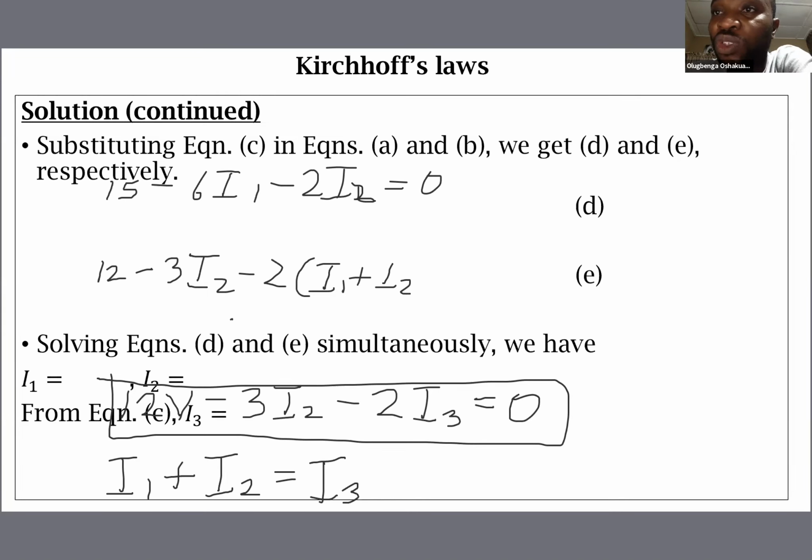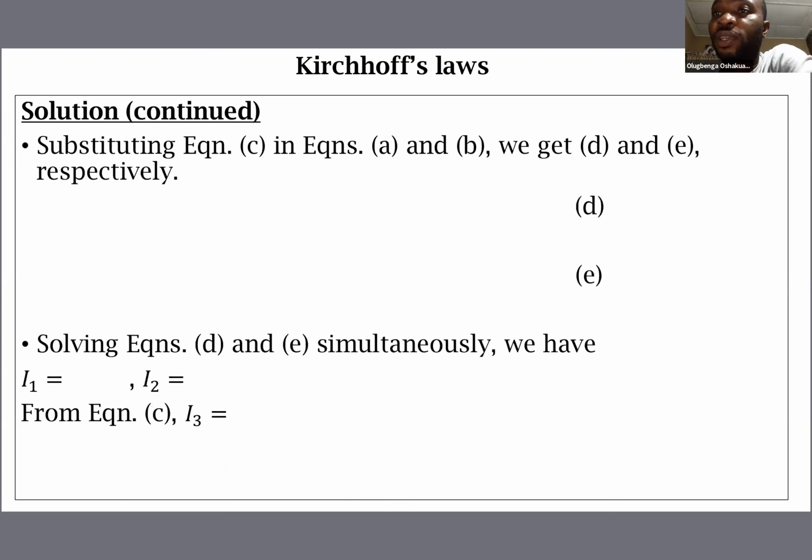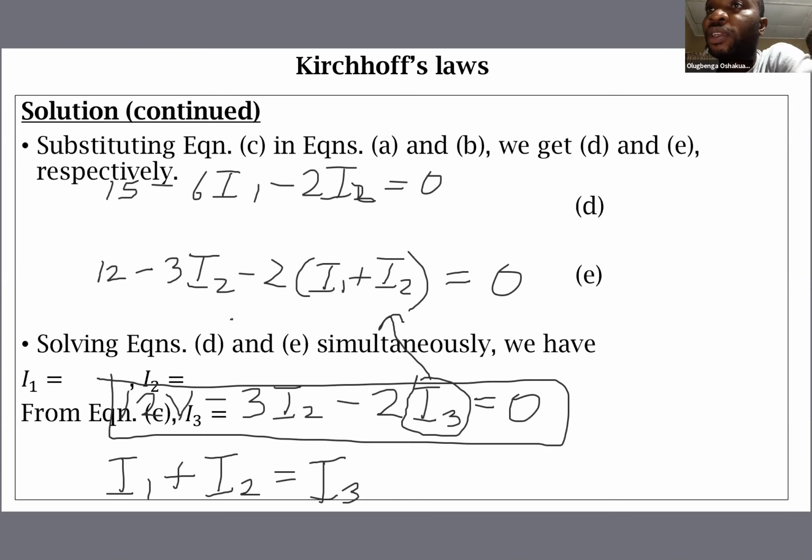Since I1 plus I2 is equal to I3, I've replaced the I3 here with I1 plus I2, equal to 0. So we can expand a bit further to say 12 minus 3I2 minus 2I1 minus 2I2 equal to 0.